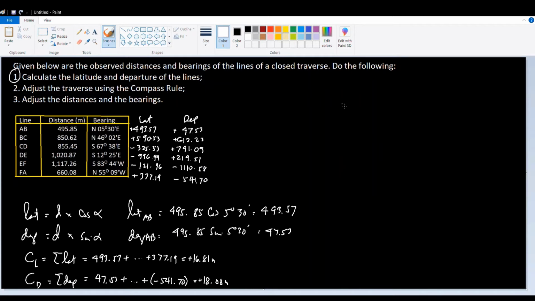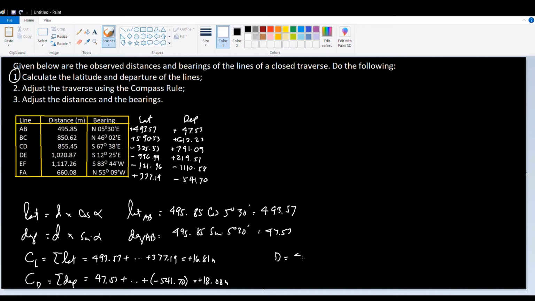Now remember, in our formula for the latitude correction CL, we shall need the total latitude misclosure multiplied by the ratio D over total D. So we need to find the total distance. We add up distance AB, distance BC, up to distance FA.